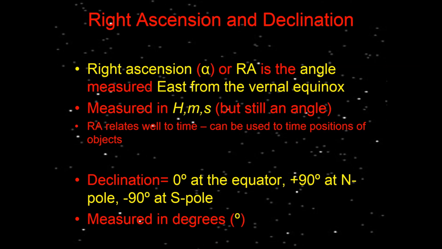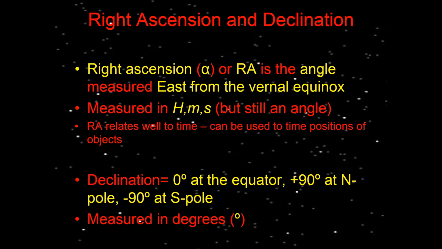This is useful, that even though we're quoting a position in terms of hours, minutes, and seconds, that position relates very well to the hours, minutes, and seconds that we divide our time up into. So that means we have a coordinate system that can also double as a system of measuring the positions of objects with time. So we know how they vary with time, and we know where they are.